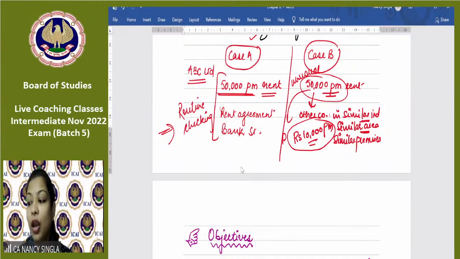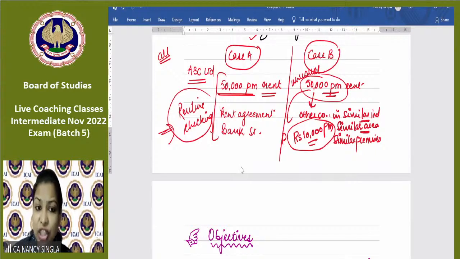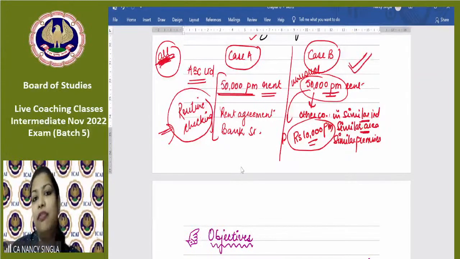So can I say that by routine checking, all mistakes, all misstatements cannot be identified? So the auditor will have to perform analytical procedures also.